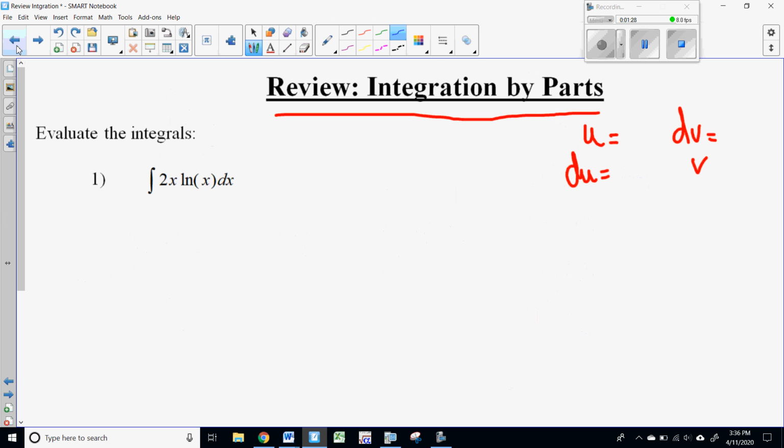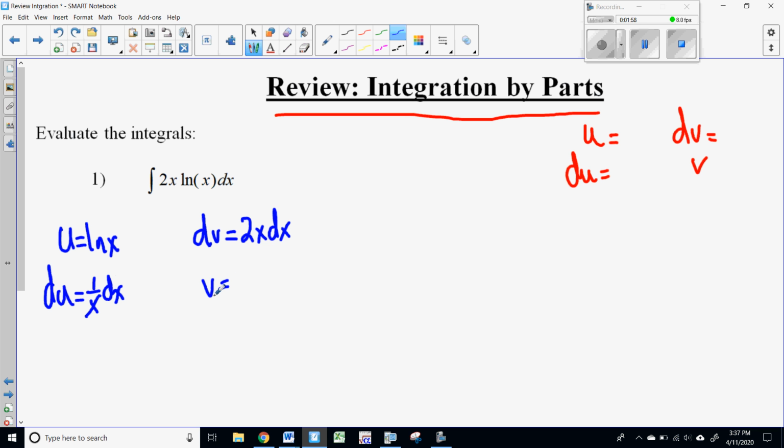So if we go back and look at our first problem, we have the integral of 2x natural log of x dx. From our LIPET, our u has to be natural log, and then our dv is 2x dx. To find our du, we take the derivative of natural log, and that gives us 1 over x dx.